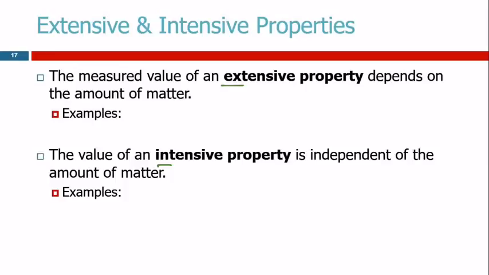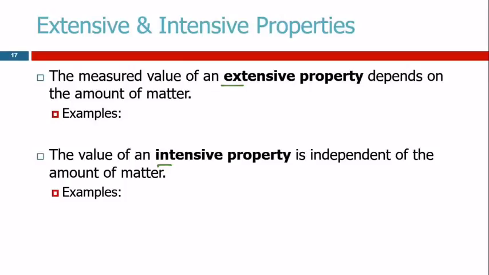So an intensive property is like an intrinsic quality. It pertains to the substance itself. It doesn't matter what's going on outside. So an extensive property does depend on external factors in a way. It depends on how much matter you have. Do I have a full sheet of paper or do I have a quarter sheet of paper?